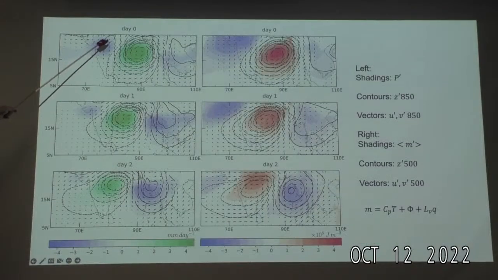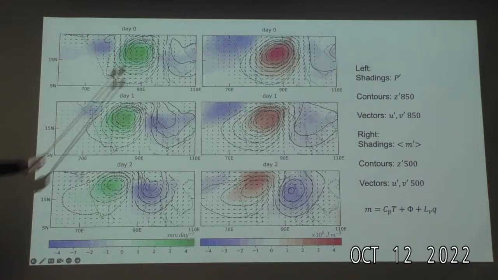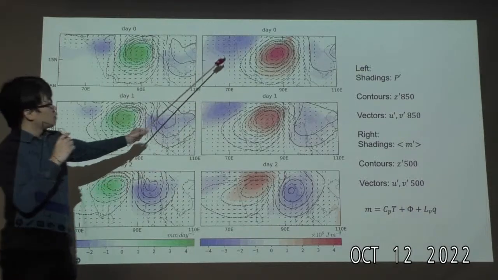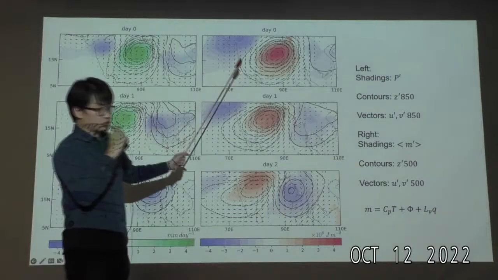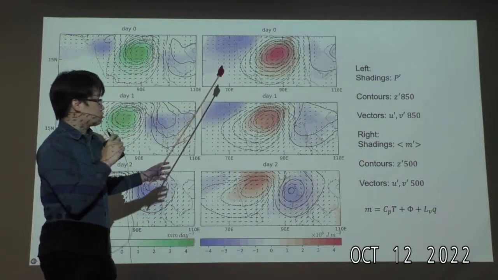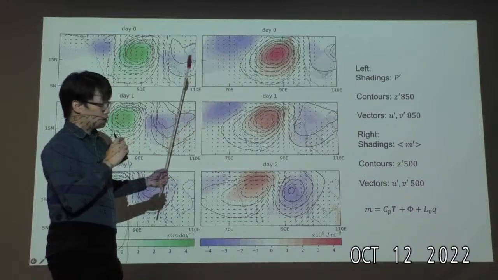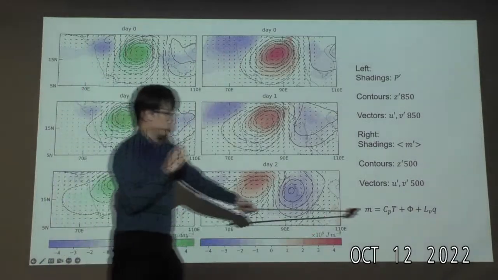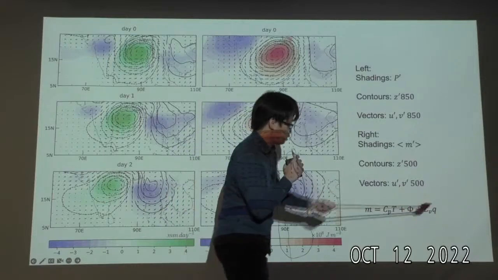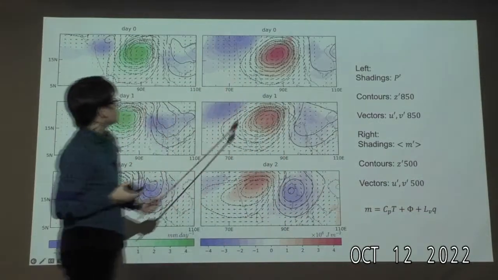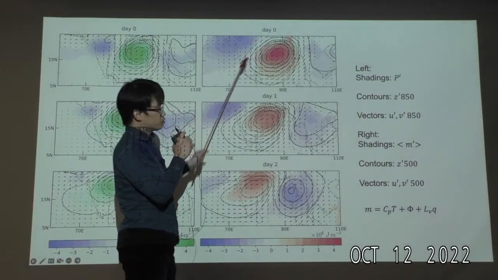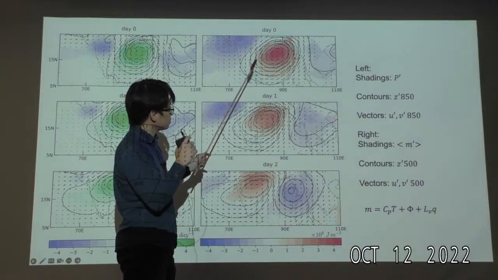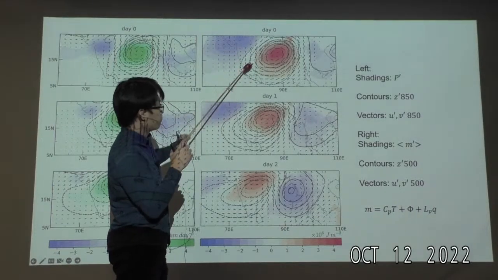Just to zoom in from day 0 to day 2 of the precipitation data here, this panel's shading is showing the moist static energy, which I talked about before. We study the moist static energy because it has information from the temperature and geopotential, as well as the moisture. The contours here show geopotential height at 500 hectopascals, and the winds are also at 500.